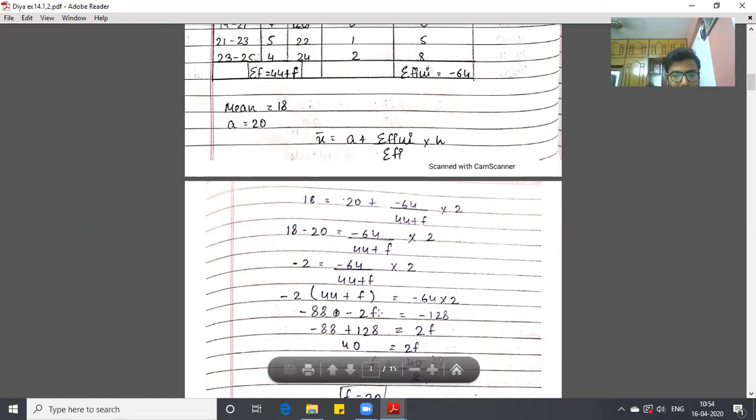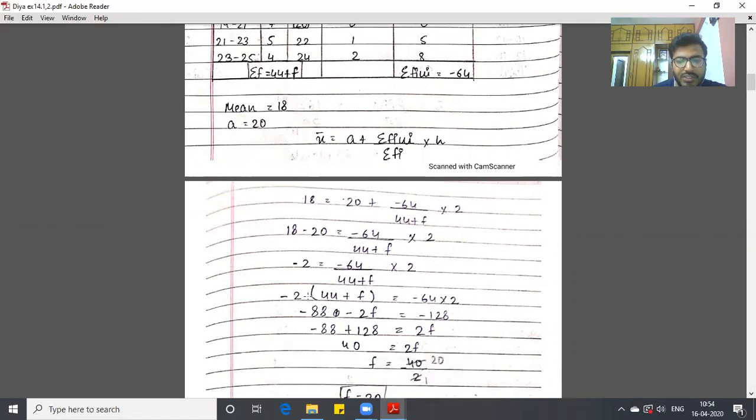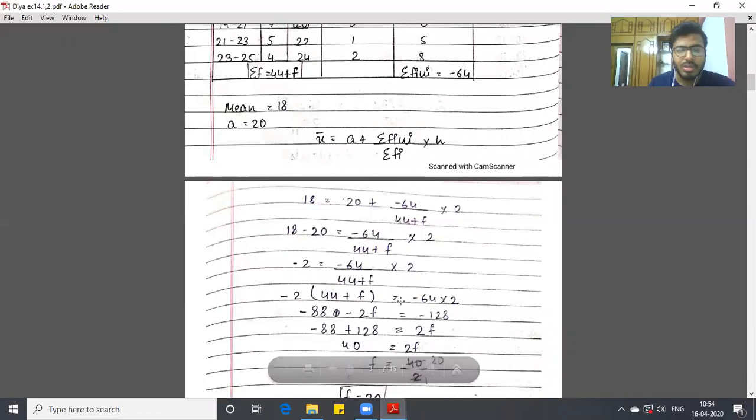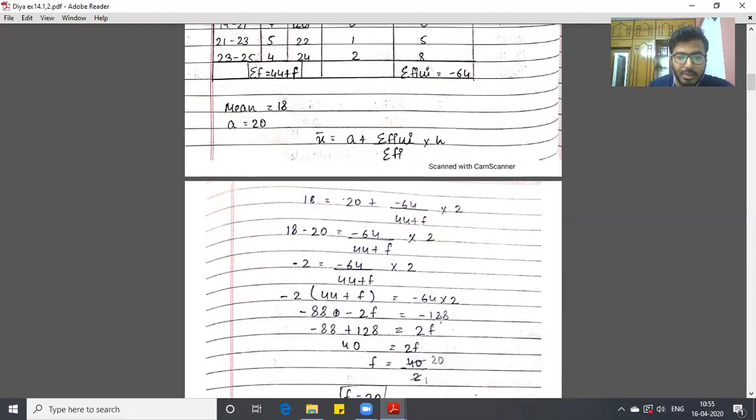Okay, now the next thing, this -2 into 44 is -88. Even you can do one more thing, minus and minus को cancel करके भी कर सकते हो, that is not a problem. Now here it is done in this way, 2 into 44 is 88, then minus plus minus हो जाएगा, so -2f is equal to -64 into 2 is -128. ये -128 को उस तरफ लेके जा रहा हूँ, -2f को उस तरफ, so -128 plus 128, -2f plus 2f.